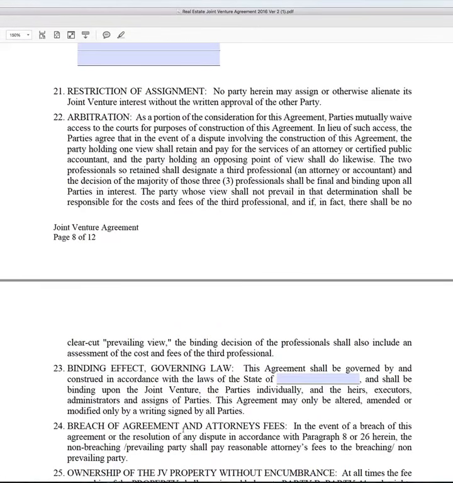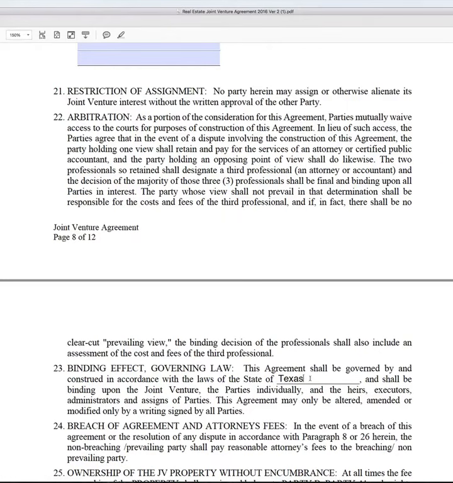You have to choose where the agreement shall be governed, under which law. Typically, you want to choose the state where the property is located, which is what most people do. So maybe here we'll choose Texas. But you're free to choose any other state. If I live in, say, Washington State, and I'm entering into this agreement, I may want it to be in Washington, because if I'm funding it, it's my money, and I have to bring an action against the investor, I don't want to have to travel to Texas.